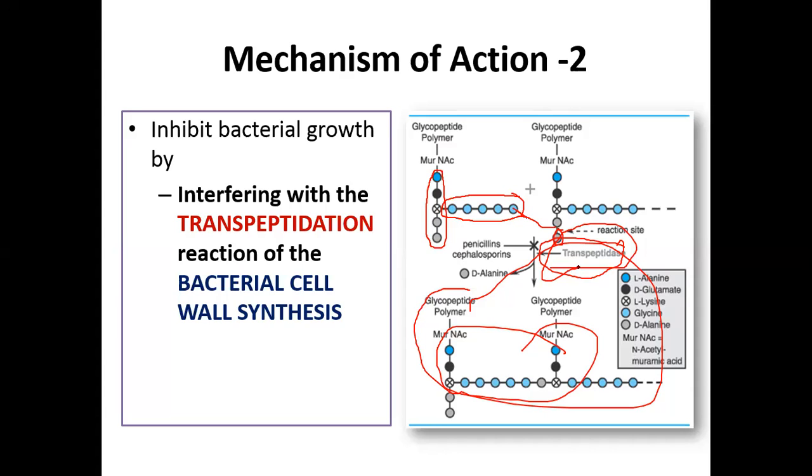Beta-lactamases break down the beta-lactam ring. That type of resistance is opposed by giving the beta-lactamase inhibitors. So the penicillin is still able to work. You just inhibit the beta-lactamase enzyme so that it will not break down the beta-lactam ring.